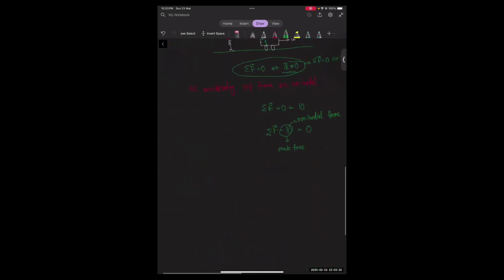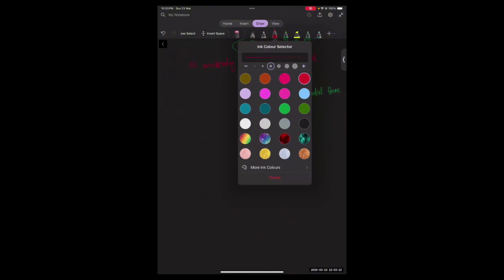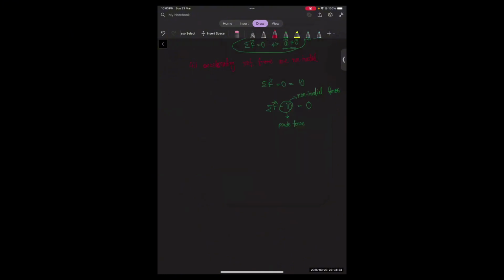Okay, so now let's get into Newton's second law, which is easier. The actual second law, as I mentioned previously, is that the sum of all forces is dp over dt. It's a derivative of momentum with respect to time.